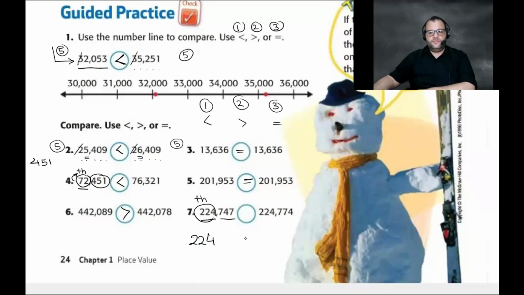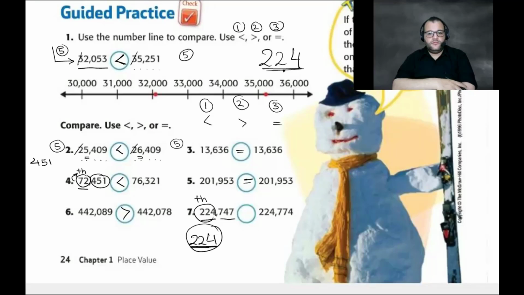22,000? Read this number. There is no 1,000 now. Just read this number, the three digits, 2, 2, 4. Can you read this number? 240.